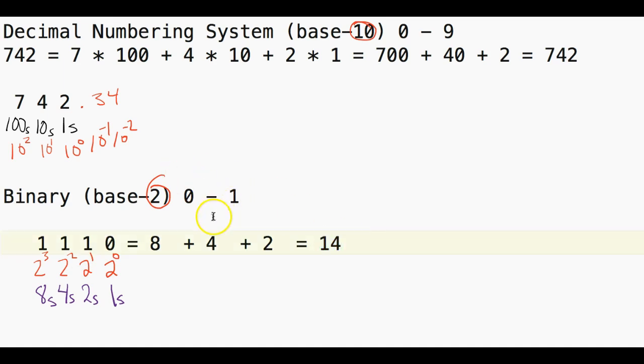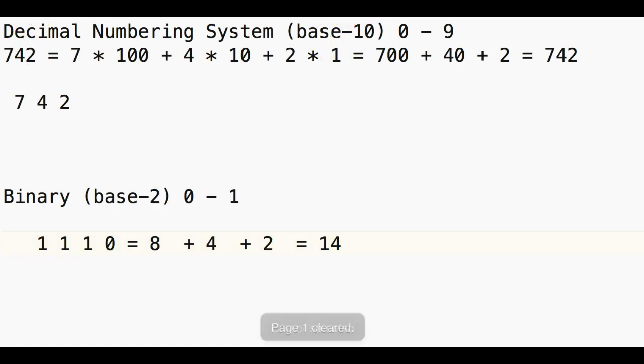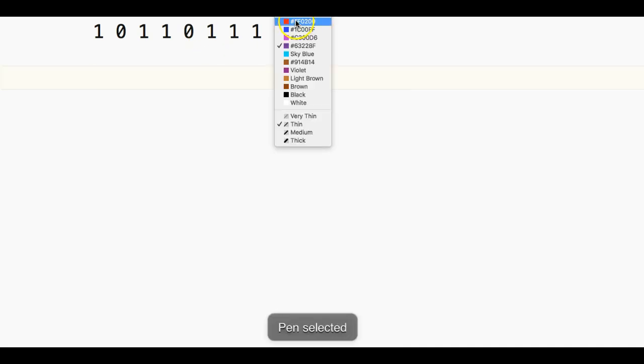Let's try a larger example. So let me clear this all out. Let's say we have the number 101101111. Let's think about how this works in binary.